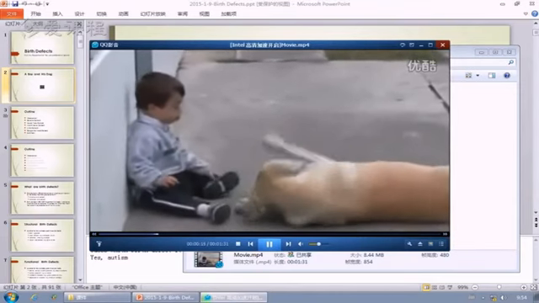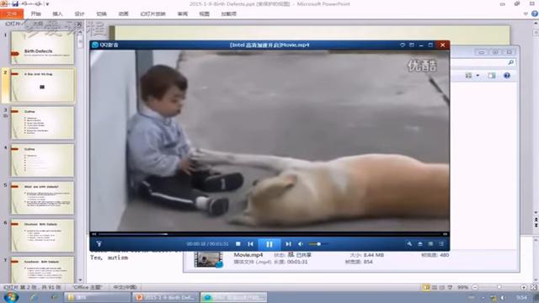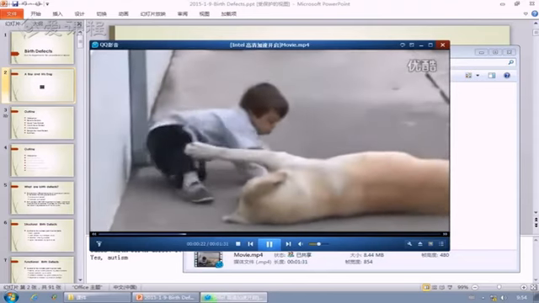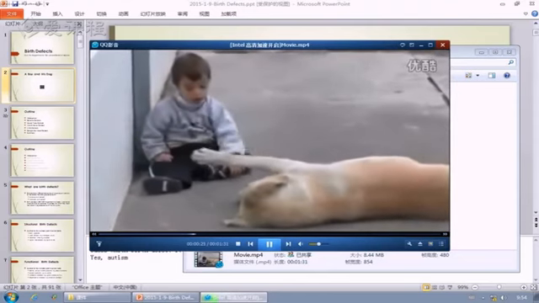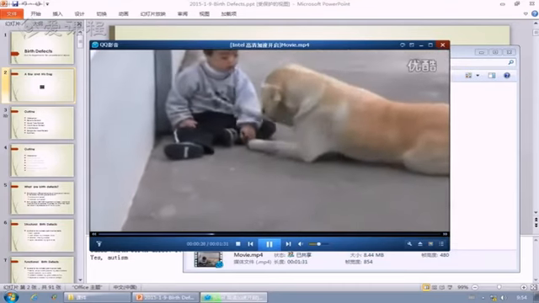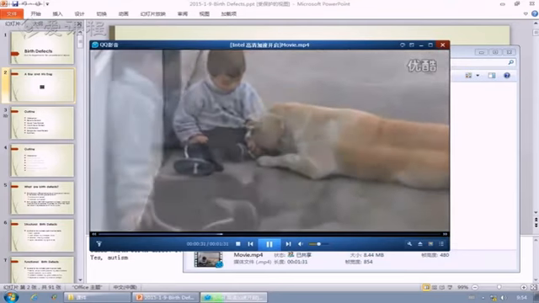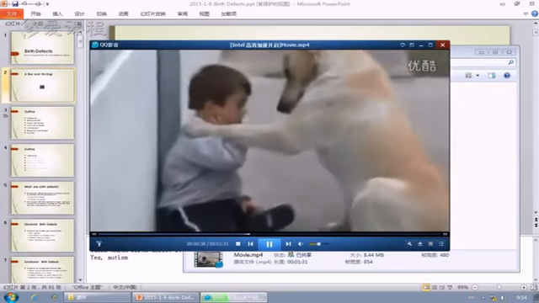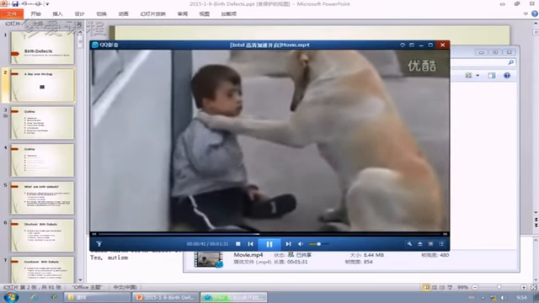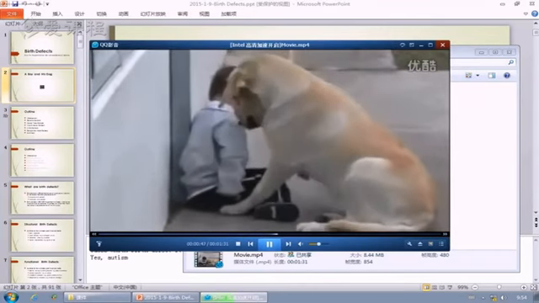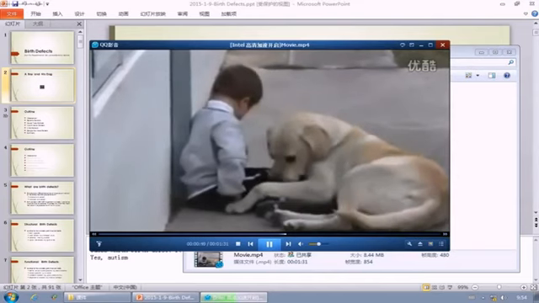It appears normal right now, but you can see the child's face actually looks a little bit weird, and later you can see he tries to avoid playing with the dog. In other words, this kid looks a little bit not quite social. See, he tries to avoid eye contact and avoid contact with the dog.